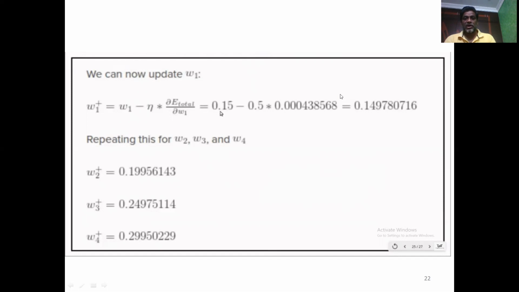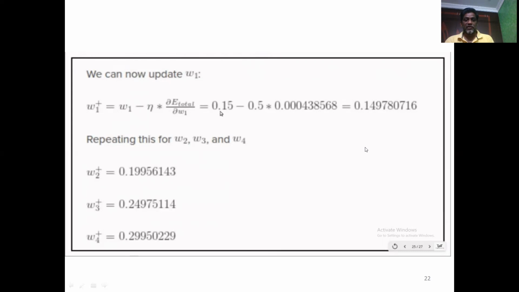Okay, so we'll apply the same process to update W2, W3, W4, the weights which are connected to the hidden layer. Okay, so we get W2 plus, verify these weights after proceeding these calculations. So W2 plus should be 0.199 something, W3 plus should be 0.249 something, W4 plus should be 0.299 something like this.